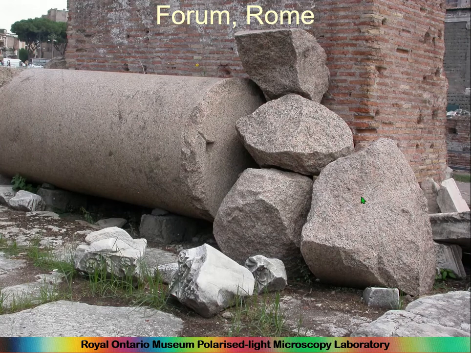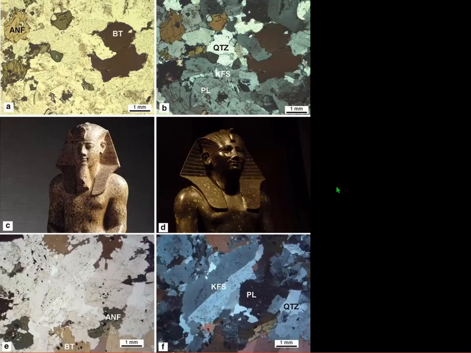And so you wouldn't just use any old granite, and I can assure you there is granite in Italy and in parts of Syria. Instead of getting local granite, they'd much rather ship it from way up the Nile just to show they can. And so here, this is the Forum in Rome, again with Aswan granite.